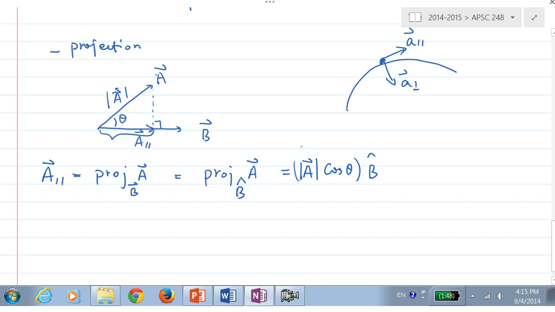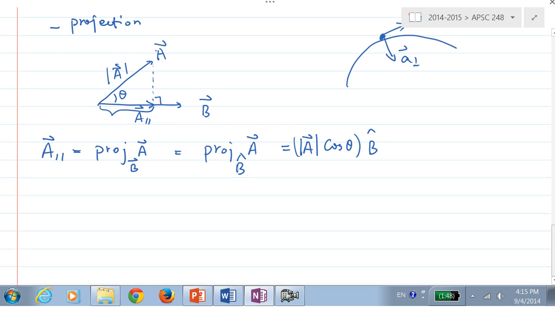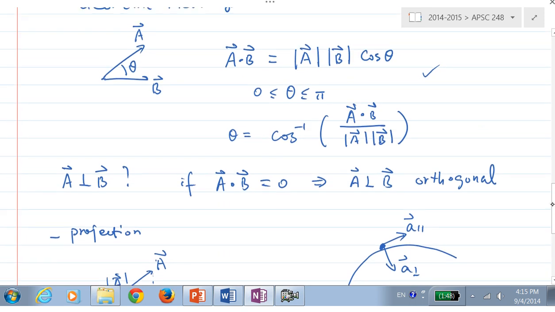So you probably wonder, oh boy, there are so many things mixed up together: theta, A, B hat. Let's expand the information to be more specific, using all the formulas we just had. What does cosine theta equal to? Cosine theta equals this guy divided by this guy here.